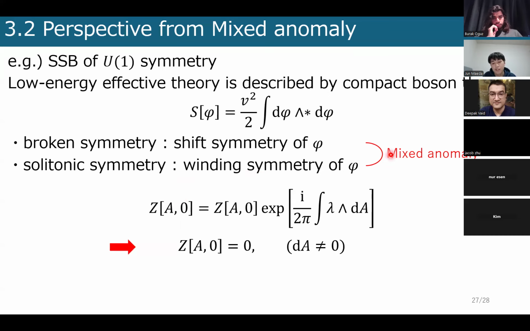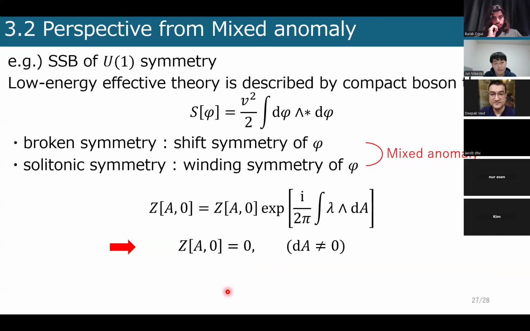And there is a mixed anomaly between them. And the expression is as follows. And we find from this expression that when A is non-zero, then phase ambiguity appears and the partition function must vanish.